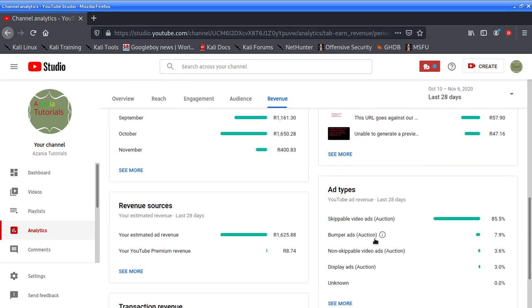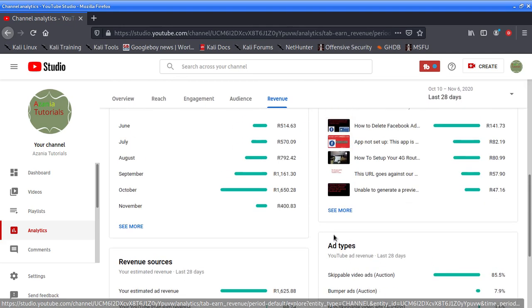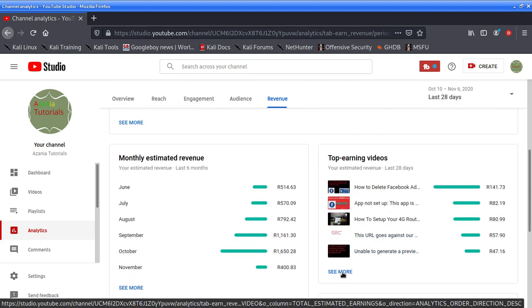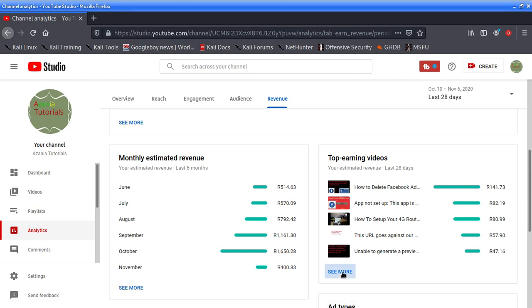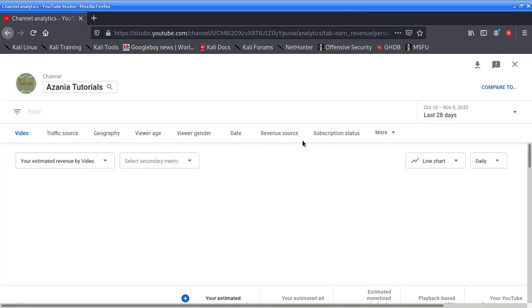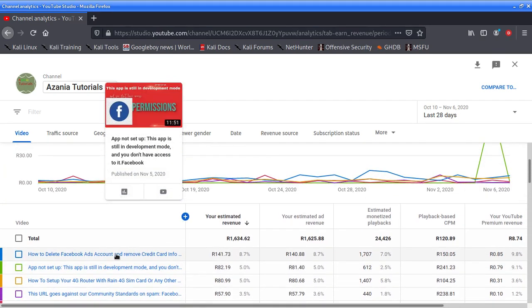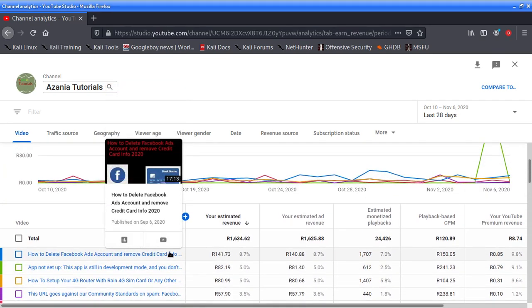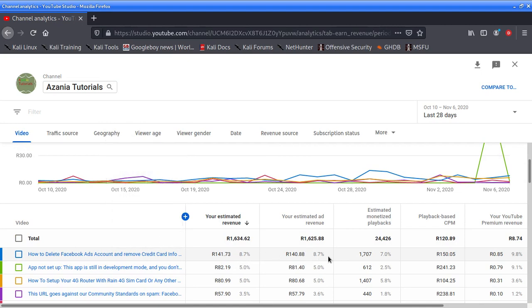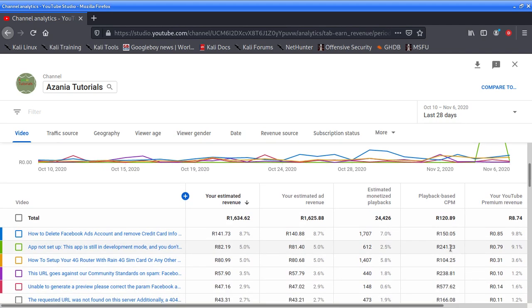Then you click on each and every video here. You click on more view. Now here we can see the video which made more money. It has a CPM of 120, but the second video has a higher CPM.